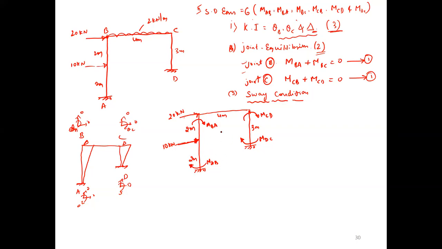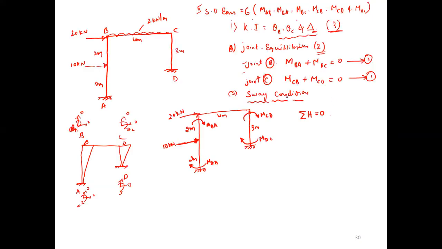Now what do you have to do? You have to take sigma H equals 0. You have to apply the sway condition: horizontal force equals 0. All right side forces positive, left side forces negative. And also here, at the fixity, how many reactions?